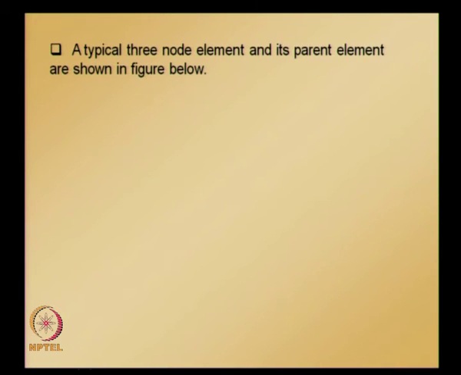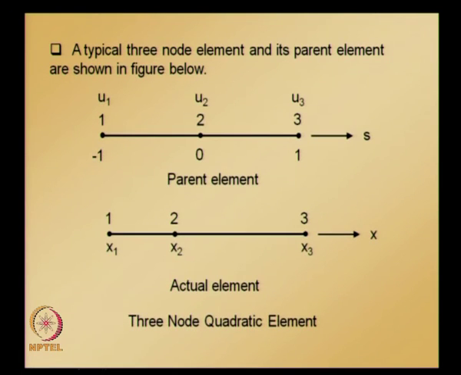A typical 3 node element and its parent element are shown here. So, the actual element has 3 nodes, located at node 1 at x1, node 2 at x2, node 3 at x3, and this actual element is mapped onto a parent element in the s coordinate system, with node 1 at s is equal to -1, node 2 at s is equal to 0, node 3 at s is equal to 1.